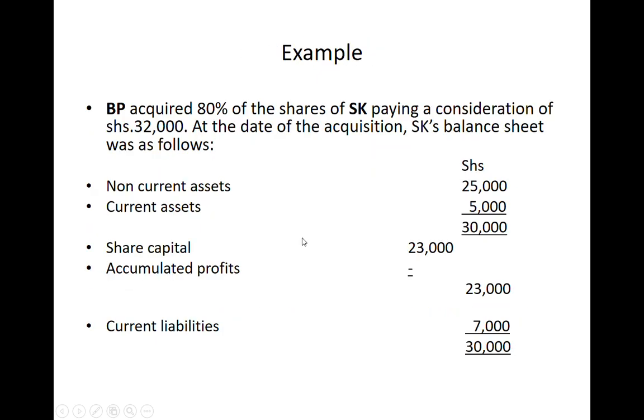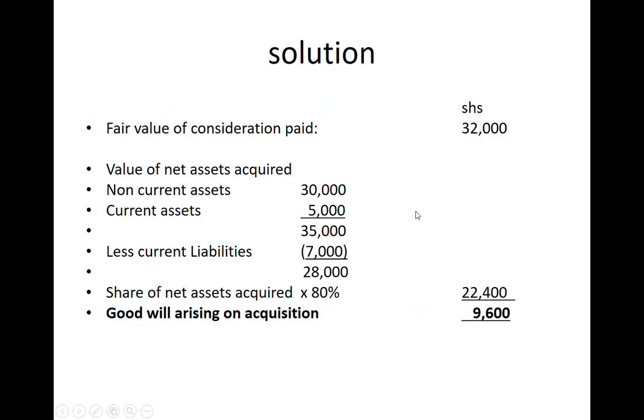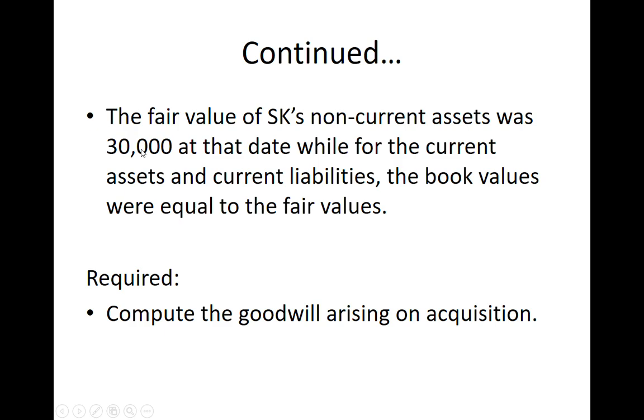So the total assets, we are coming here with the current assets. We are picking the current assets right from the balance sheet of SK, where we pulled out the 5,000, and this 30,000 for non-current assets has been just established by assessment.